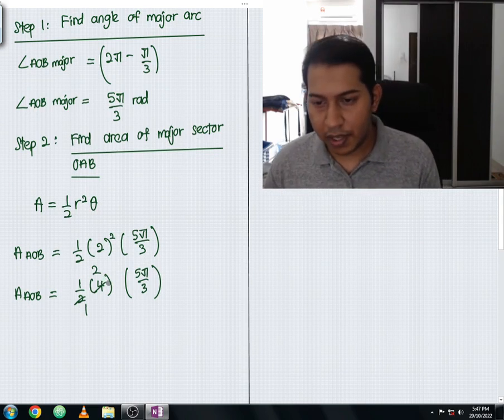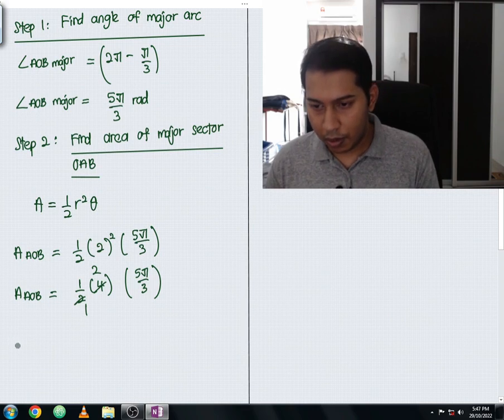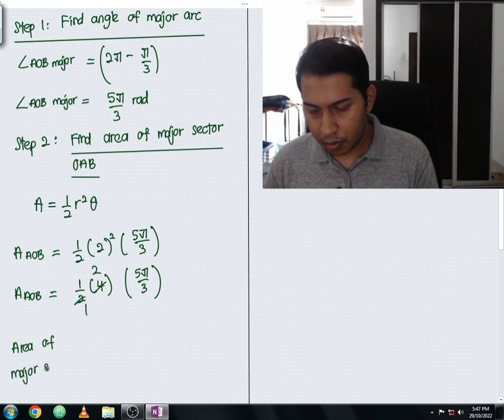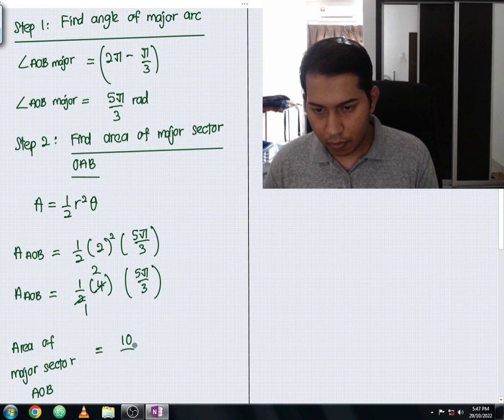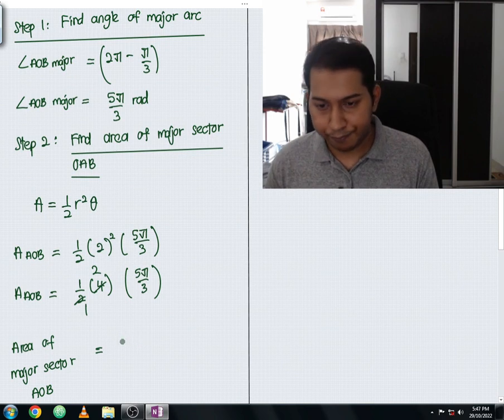So 2 times 5 pi over 3, so from here you get your area of major sector AOB is equal to 10 over 3 pi, or you can write 10 pi over 3, it is the same. 10 pi over 3 centimeter square.